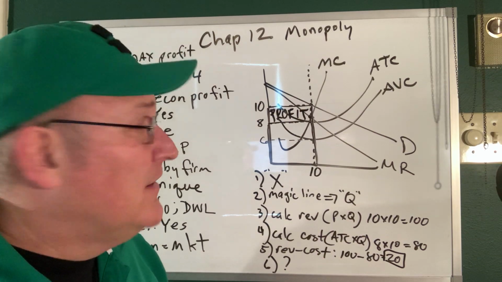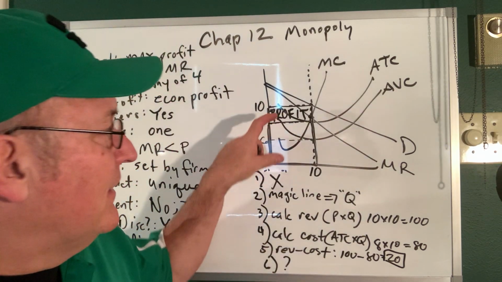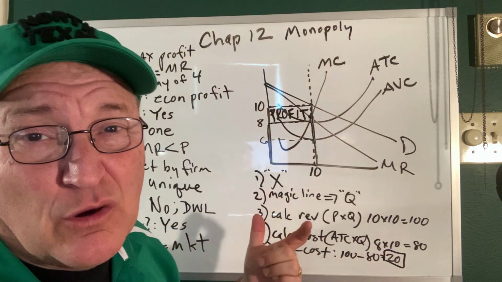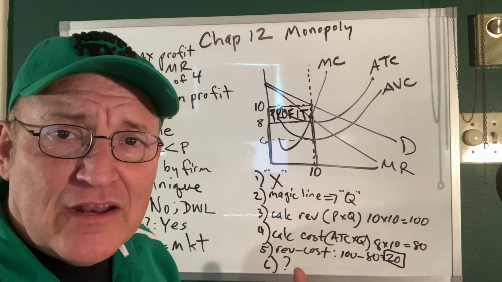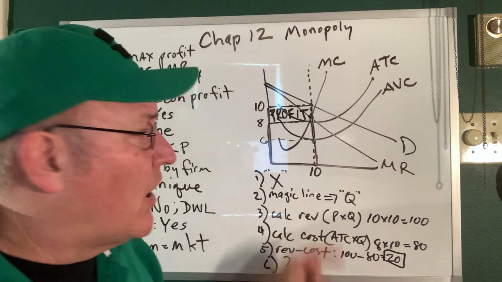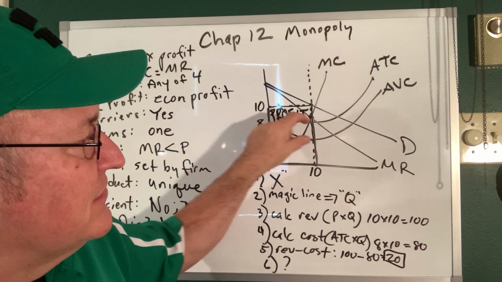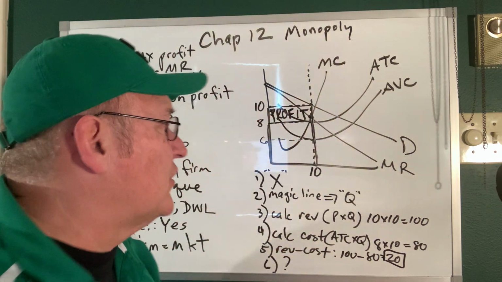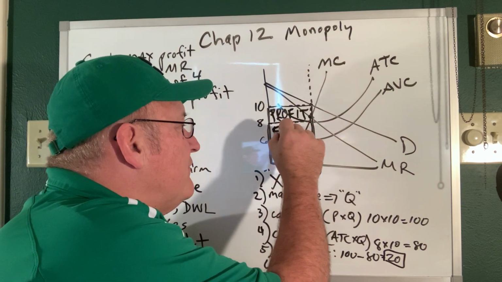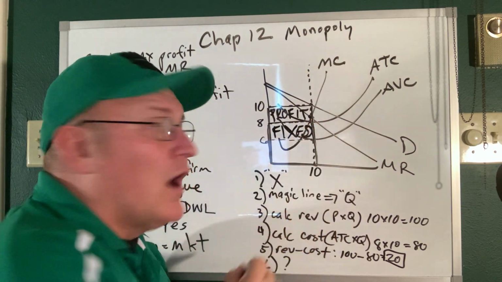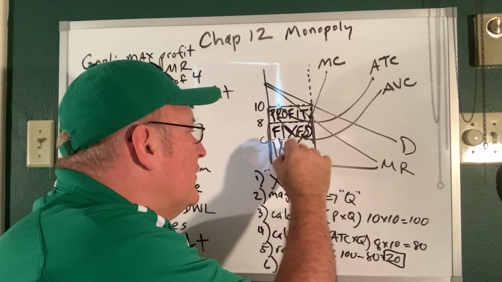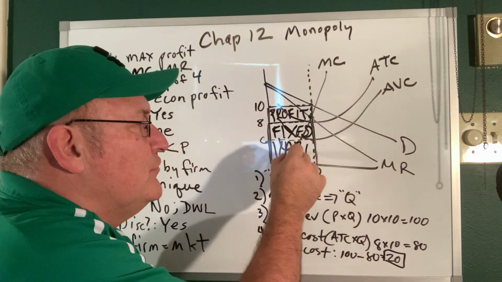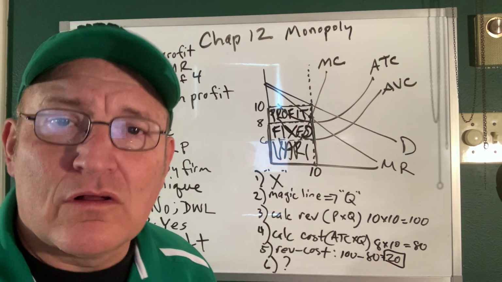And to get down to the nitty gritty, we know that total cost in the short run can be divided into variable cost and fixed cost. The fixed cost is the area between the average total cost curve and the average variable cost curve. So this would be your fixed cost component, and this would be your variable cost, and those two added together are total cost.